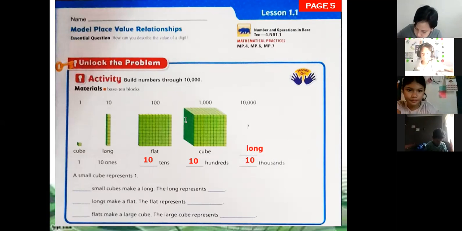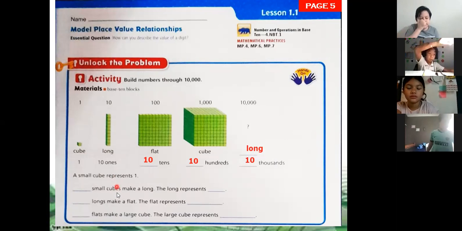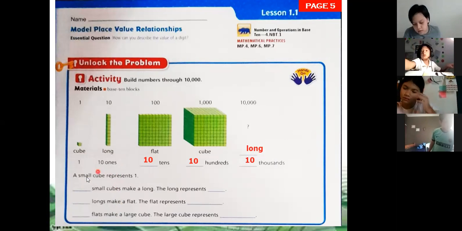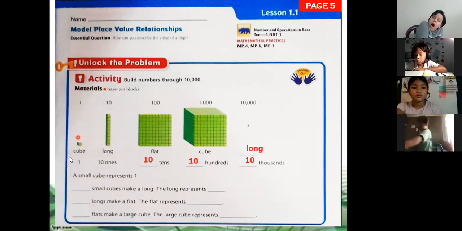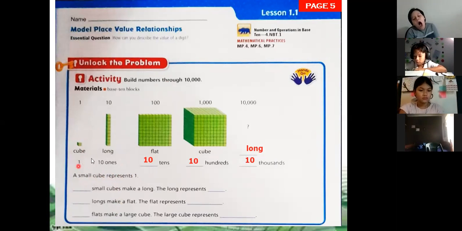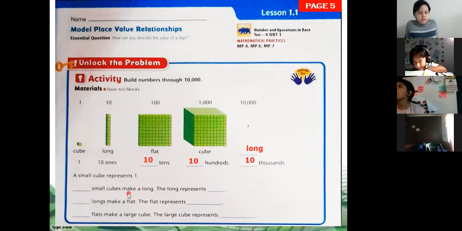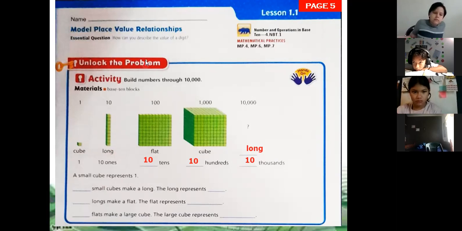Now, using this information, we're going to complete down. It says a small cube represents 1. We were talking about that. It represents 1. Now, how many small cubes make a long, class? How many of these cubes make 10? 10, that's right.